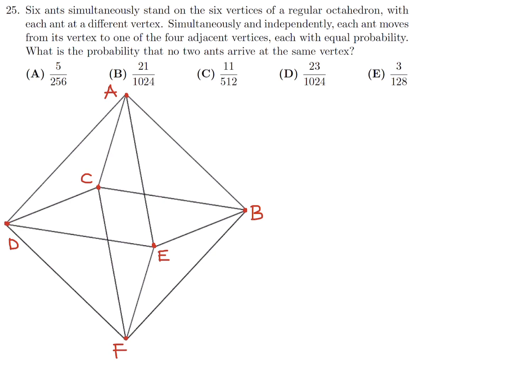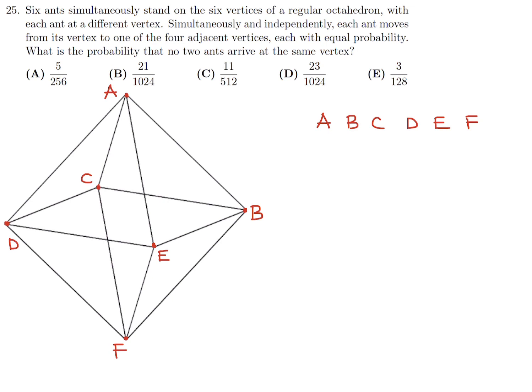What they're saying is that you want to create a situation that when they do move and land at some other adjacent vertex, no 2 ants are at the same vertex. So if they started in the positions of A, B, C, D, E, and F, if they move, they have to all move and land on a different vertex.